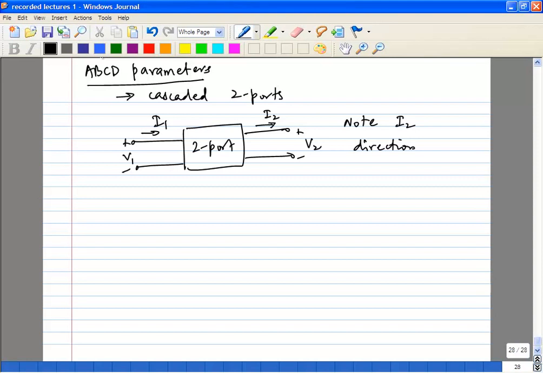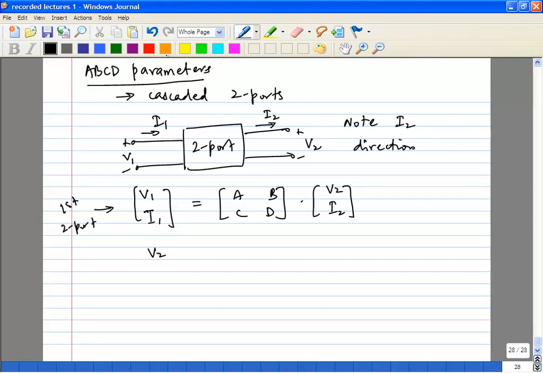And you could say the relationship between the input and output parameters is V1, I1 is ABCD times V2, I2. Okay, so let's say you have a cascade of two port networks. Then you can say this is the relation for the first two port, and the second two port can relate.